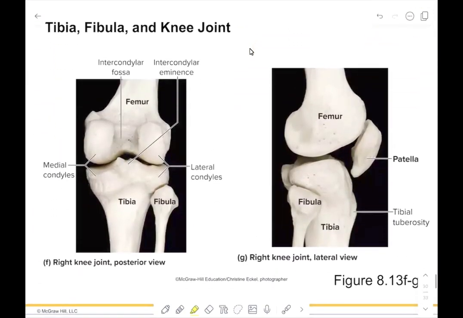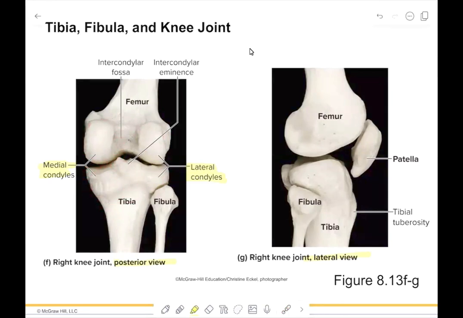At the knee joint specifically, we see a posterior view and a lateral view here. When we look at the posterior view, notice you can see the lateral condyles on both the femur as well as the tibia. On the medial side, you can see both condyles as well, both the one on the femur as well as the one on the tibia.